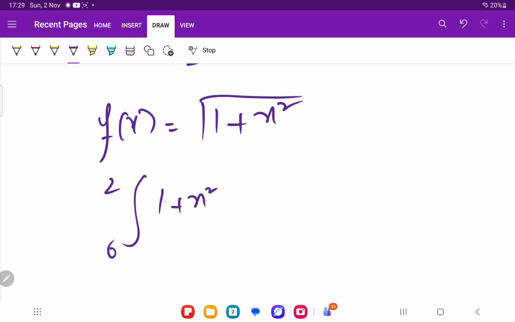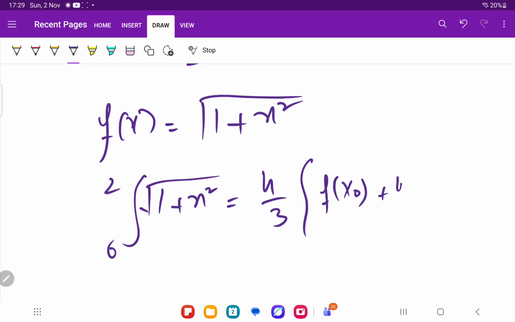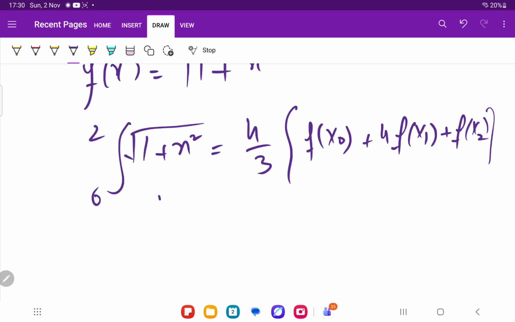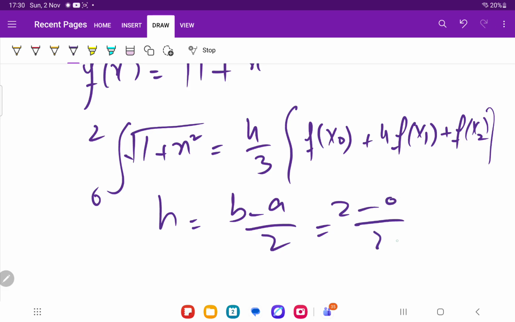So what we have to do, we have to find h, we have to find f of x naught plus 4 of f of x1 plus f of x2. So what is h? B minus a by 2. So b is 2 minus 0 by 2, answer is 1.